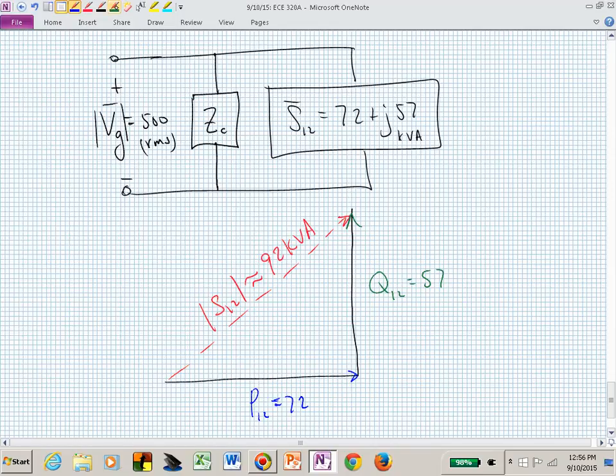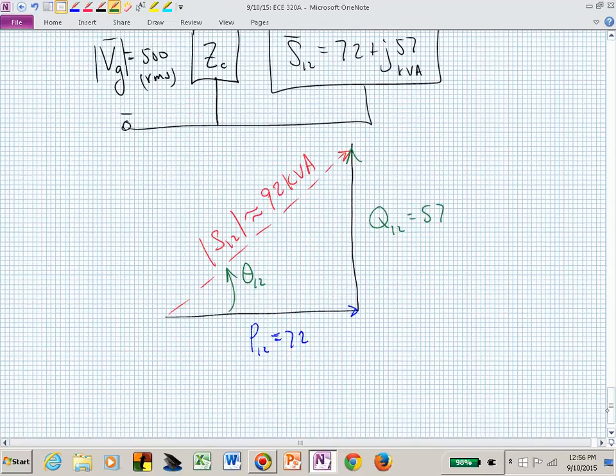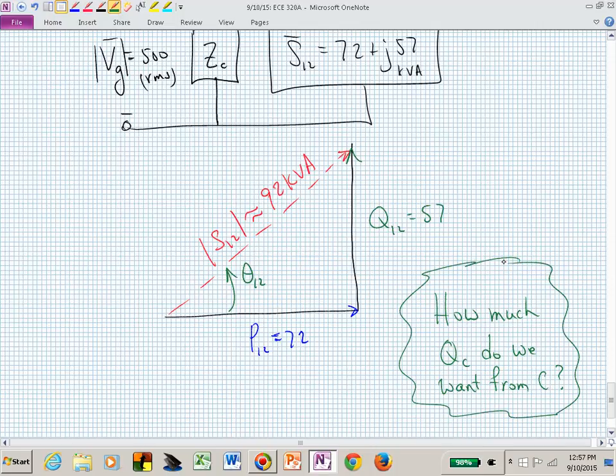And I could even say that now I have this angle, theta sub 1, 2. And the question that we're really asking ourselves is, how much Q sub C, that's going to result from that capacitor's impedance, how much reactive power from the capacitor do we want from C? That's the question that we are really asking.